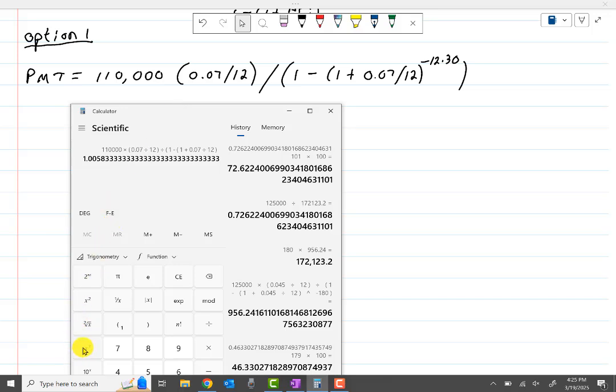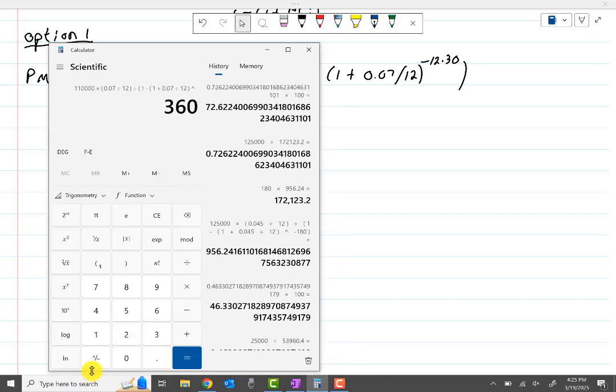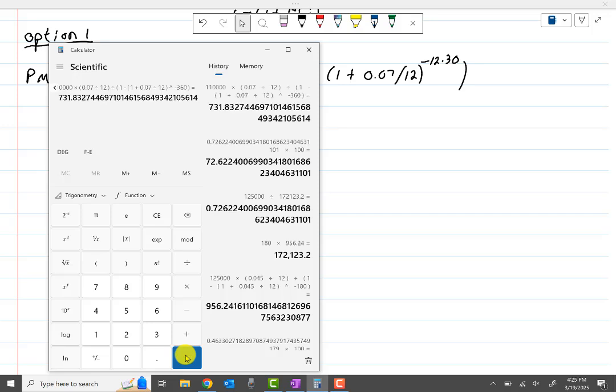Now I'm going to raise that to the negative 360 power. So I'm going to raise it, and then I'm going to type in 360, and then I'll hit my plus-minus key to make it negative. And then I have to finish the parenthesis after it, and then hit equals. 731.83.